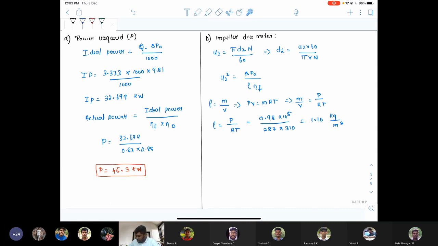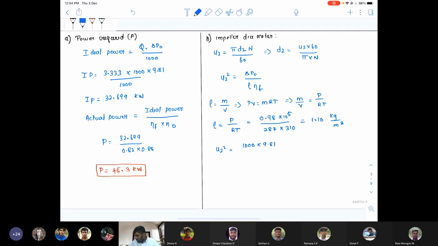Now substituting the value of delta P naught, density and the efficiency of the fan in this equation, you can obtain the value of U2. Therefore U2 square will be equal to delta P naught, which is 1000 into 9.81, divided by density 1.10 into efficiency of the fan 0.82, and on calculation you will be getting 10875.83, which is U2 square.